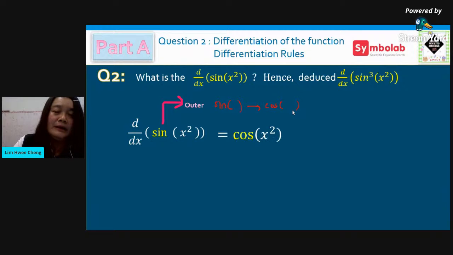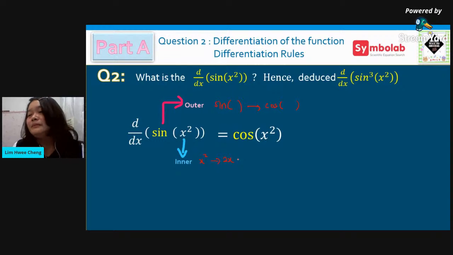Then the inner function. You differentiate sine, you get cos, and you keep the inner function, so you get cos x square. Now you look at your inner function, which is x square. After you differentiate it, you will get 2x.